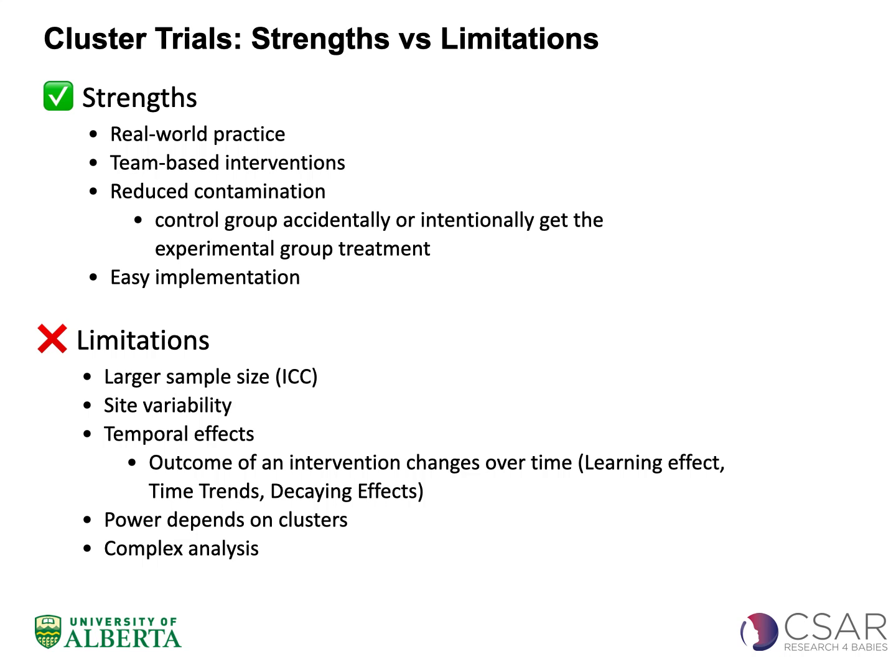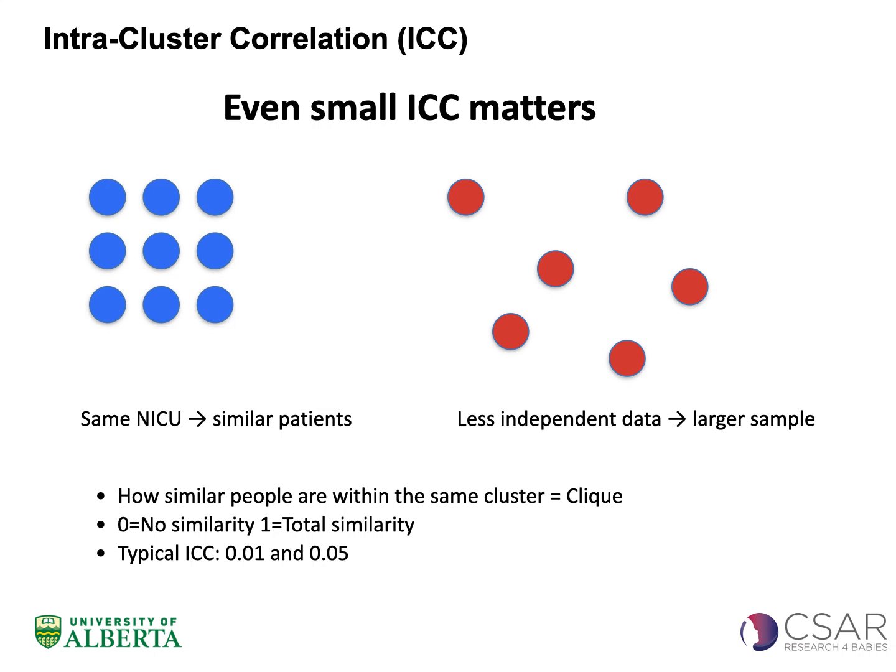So the power is much more dependent on the number of clusters compared to the number of patients you recruit, and your analysis is much more complex than we often do with individual randomized patients.